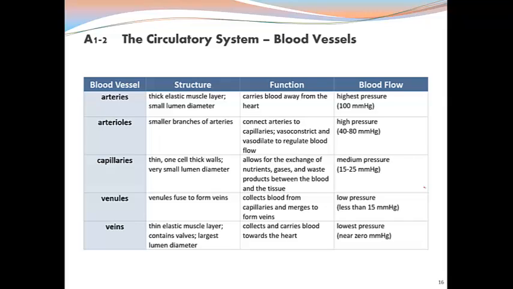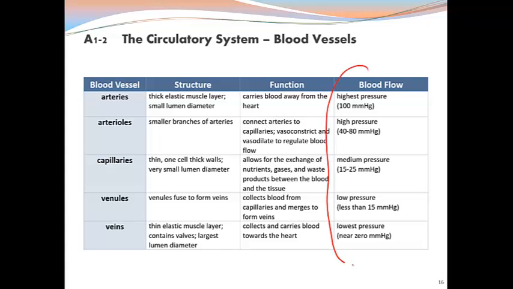Now, guys, you have to understand the structure. You have to understand what they look like, what their function is, which we've discussed in this brief introduction, but we also have to know general pressures. Now, you don't need to know specific numbers, so you don't have to memorize all of these numbers in the third column.